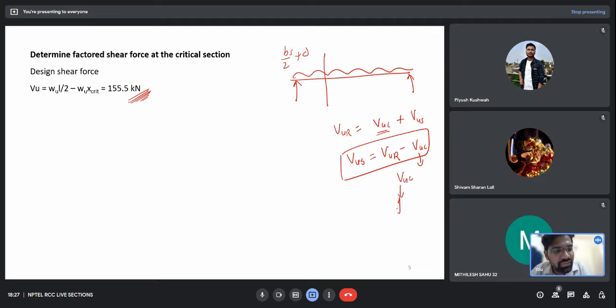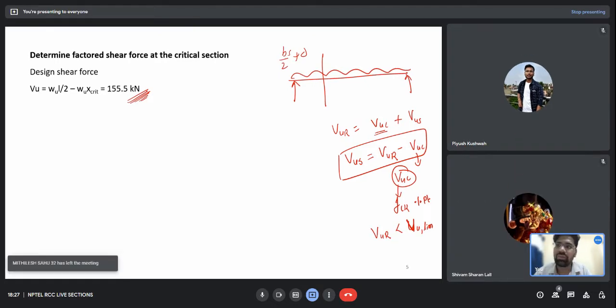Vuc depends upon fck and the percentage of steel, so from IS 456 I can calculate Vuc. Then I have to make sure that the shear does not exceed the Vu max limit, because if it exceeds, there is no purpose of providing stirrups. Irrespective of any stirrups I provide, my beam will fail.